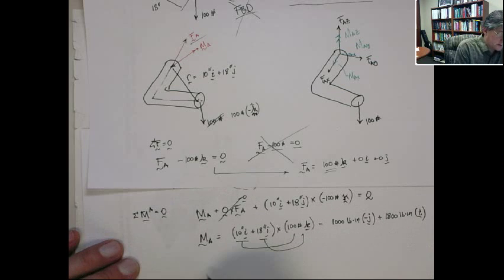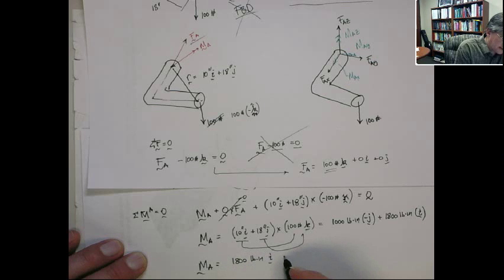That's our result. So MA has two components. It's got 1,800 pound inches in the I direction, and minus 1,000 pound inches in the J direction. So that's it.